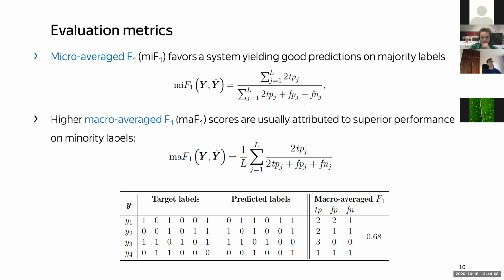For example, if we want to measure the quality of the model on more underrepresented labels, then we should probably look at macro average F1. Otherwise, micro F1 is a good metric.